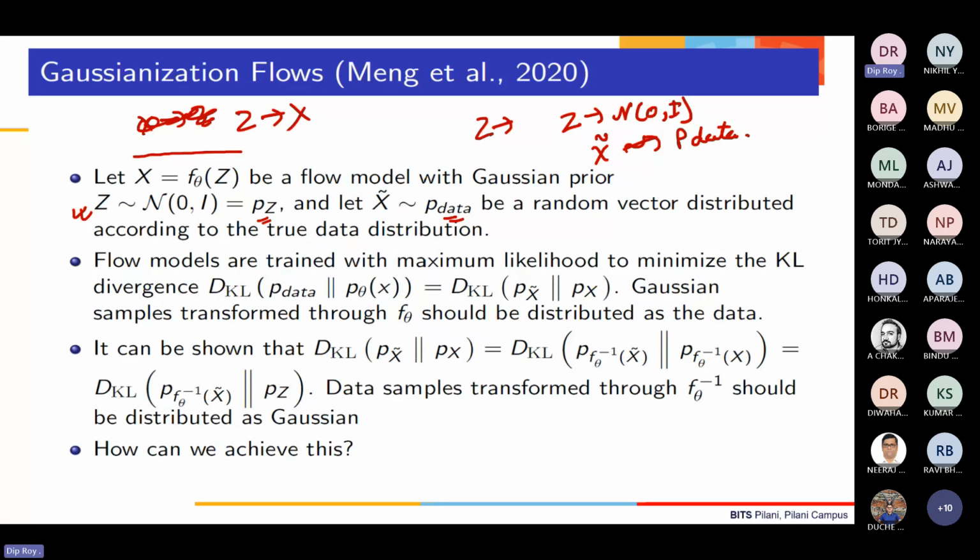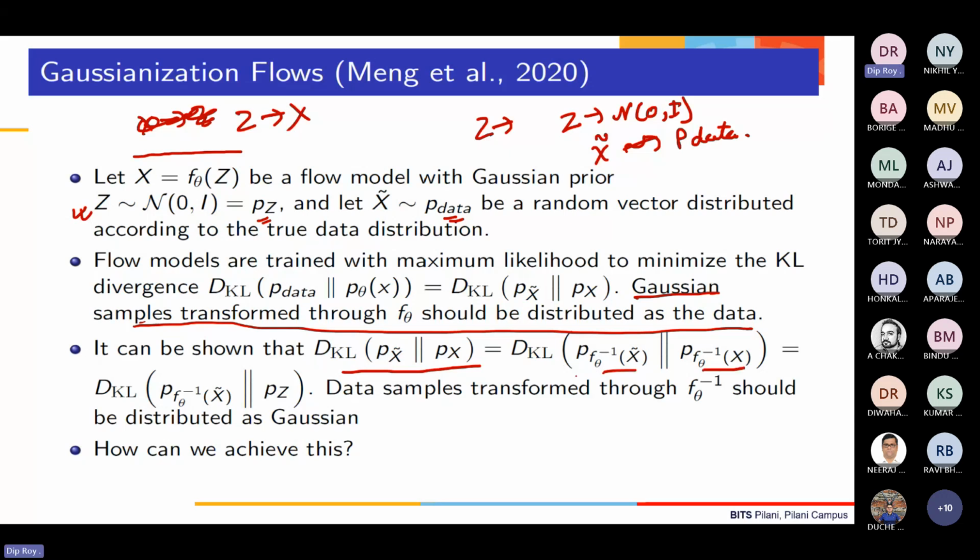The key thing here is that Gaussian samples transformed through F theta should be distributed as data. Now, we can write this KL divergence between the true distribution, P tilde, and the model distribution, P of X, like this.